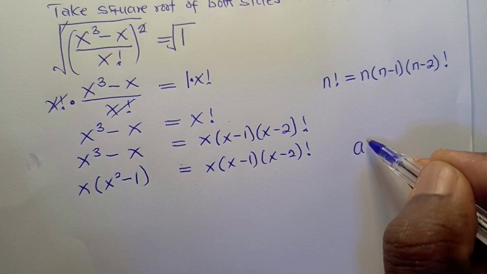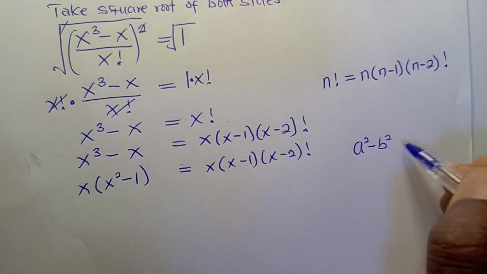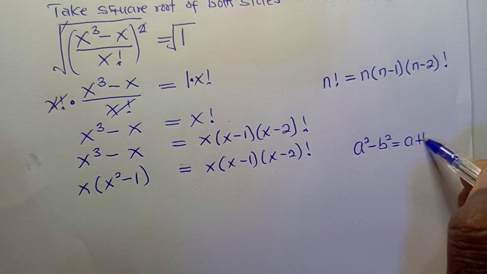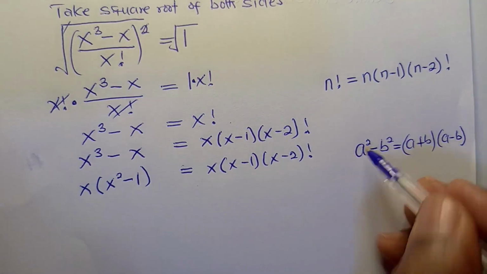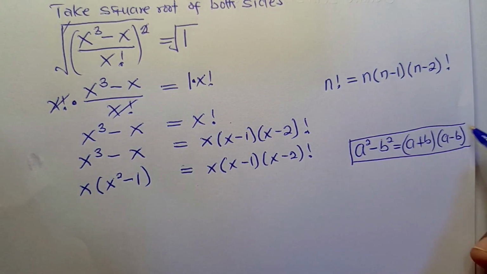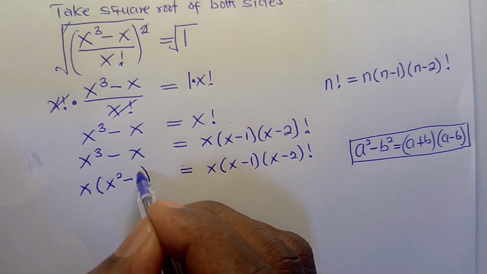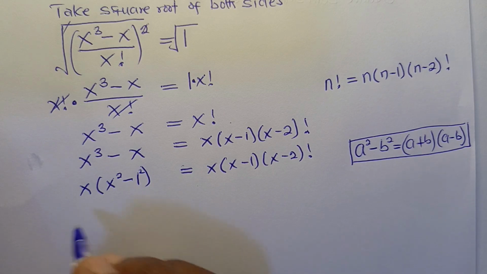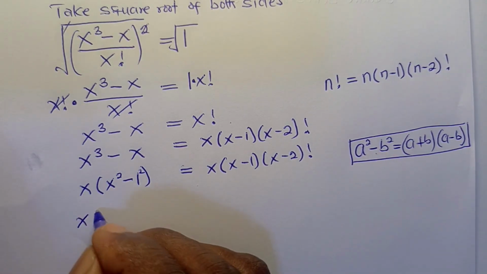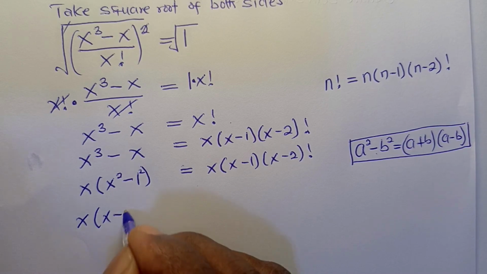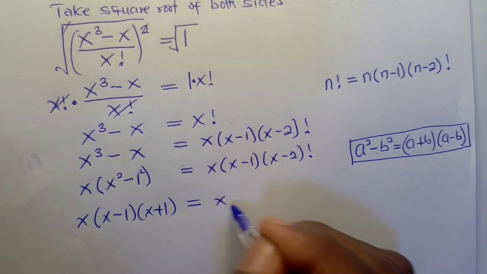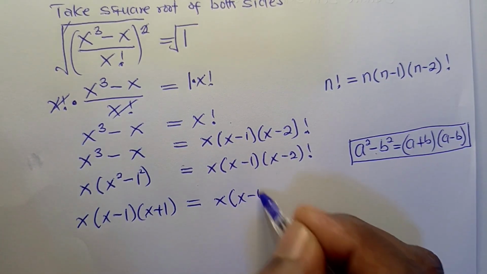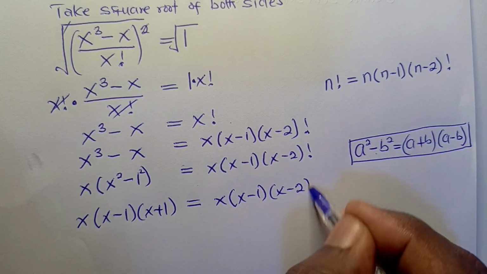We have a squared minus b squared equals the product of (a plus b) and (a minus b). The 1 can become 1 squared. So applying that, we will have x times (x minus 1) times (x plus 1), and that will be equal to x times (x minus 1) times (x minus 2) factorial.